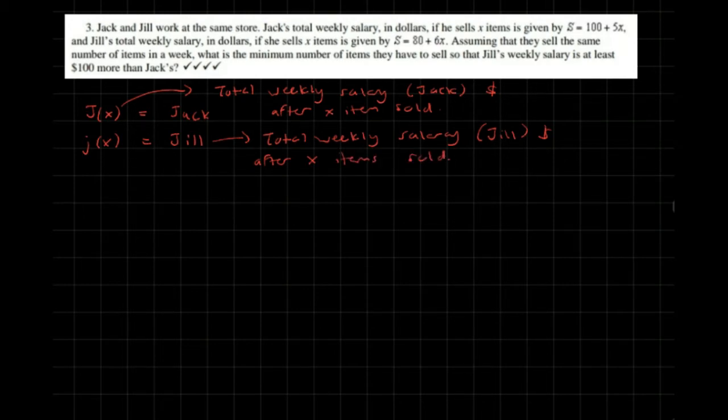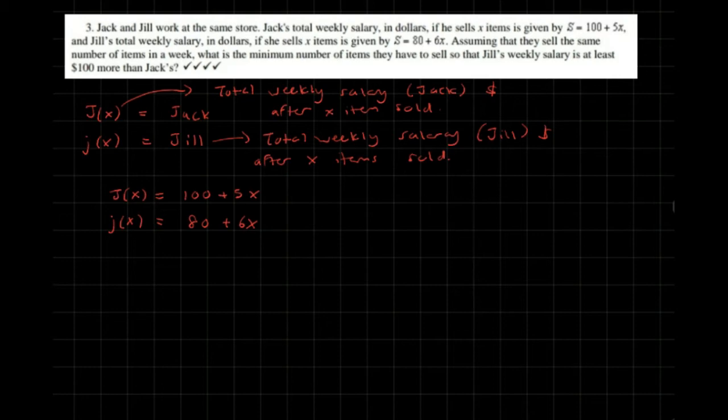Okay, so we can understand that Jack's total weekly salary, J of X, is equal to 100 plus 5X. I just switched up the variables. And Jill's total weekly salary is 80 plus 6X. Assume that they sell the same number of items in a week. What is the minimum number of items they have to sell so that Jill's weekly salary is at least $100 more than Jack's?